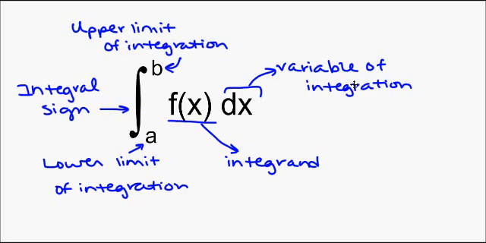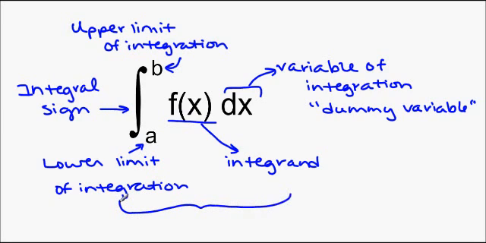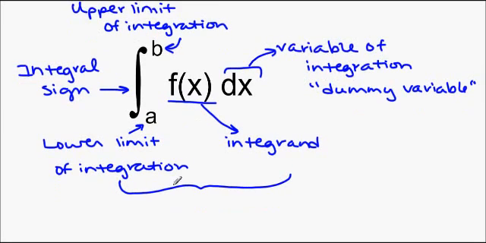This is also called a dummy variable because when you integrate, it will go away. It will disappear. You don't really need it. I mean, you need to write it here, but when you're integrating, you're not going to use it. So this whole thing is the integral from a to b.